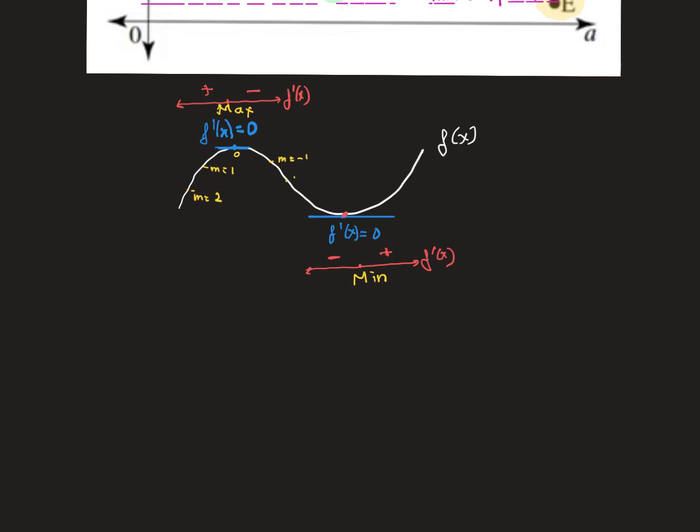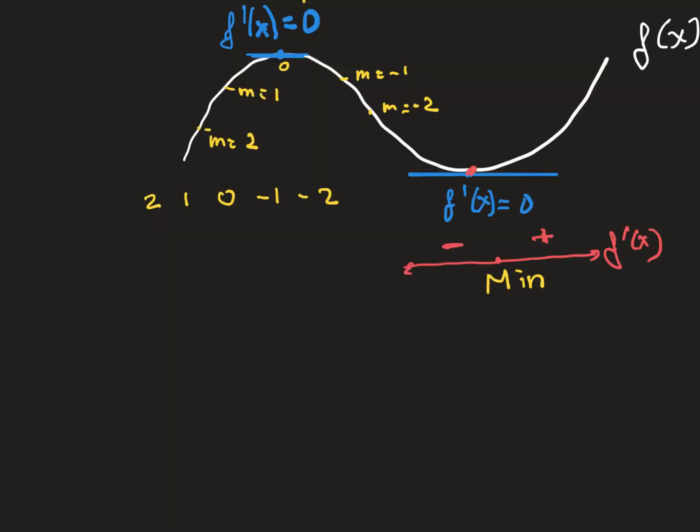And here, m equals minus 2, because the slope is now decreasing. So if you go from 2, 1, 0, minus 1 to minus 2, these numbers are decreasing.